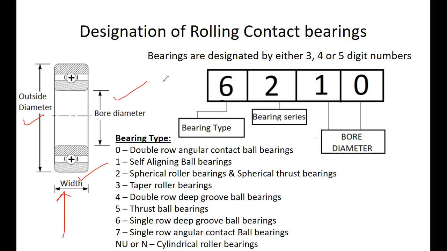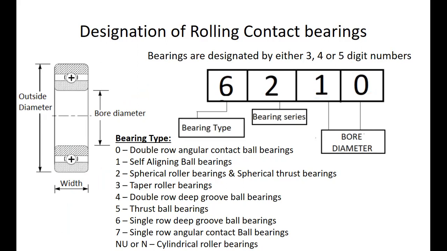What is the meaning of each of the terms? The number written here, 6210 or any number, say 3201 or 6302, what is the meaning of that number? You should be knowing that. That is called the designation of rolling contact bearings.